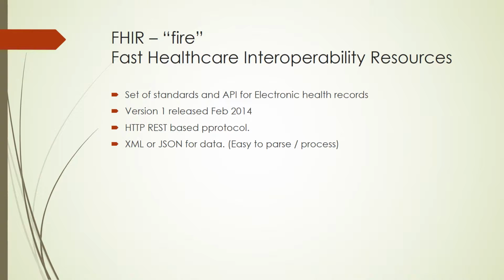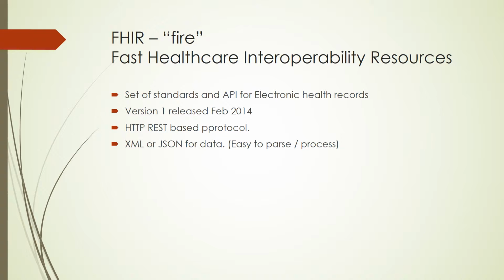What is FHIR, or the Fast Healthcare Interoperability Resources? That's what it stands for. It's a set of standards and an API for electronic health records. Version 1 was released in February of 2014, and it has a lot of nice modern features like an HTTP REST based protocol, and it outputs data in XML or JSON, which is great for parsing or processing the files.